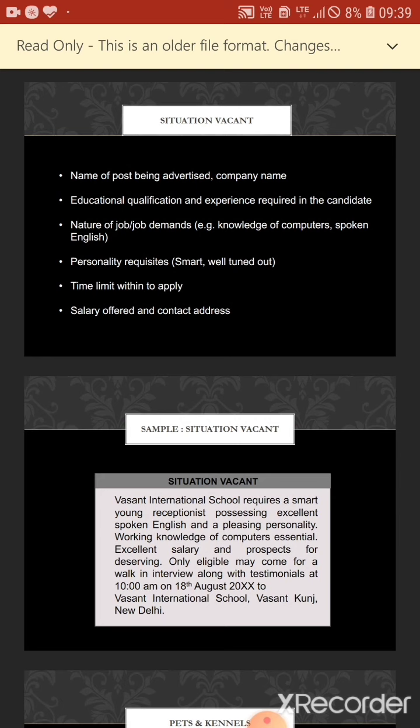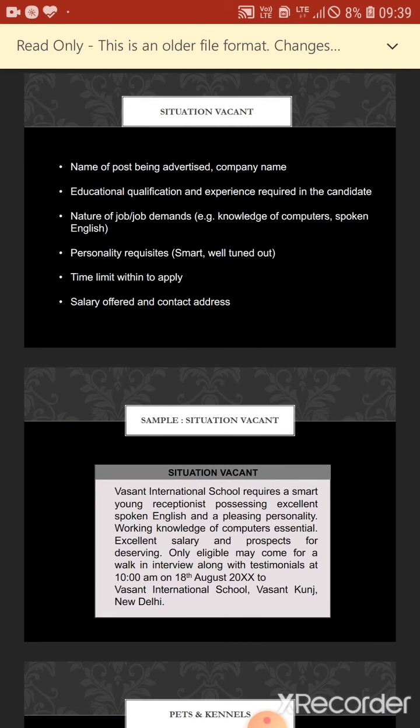Name of the post being advertised, or the company name. This is an important thing that we must mention in the very beginning: the post which is being advertised and the name of the company in which the post is lying vacant. The second important thing is educational qualification and experience required in the candidate.